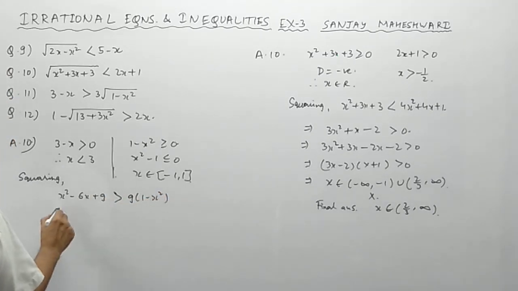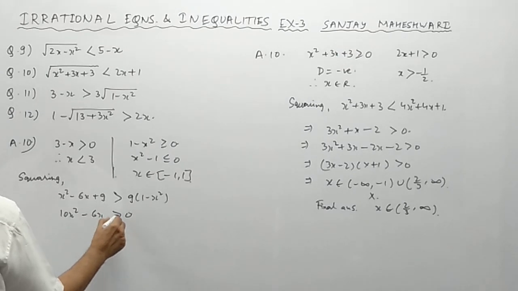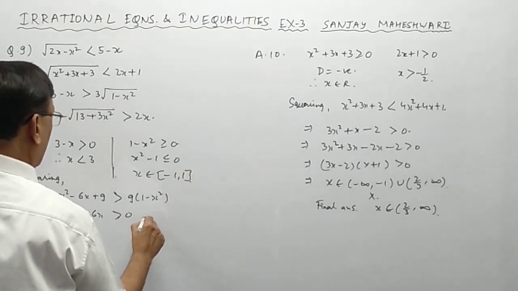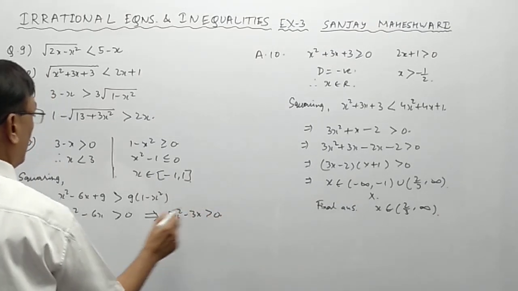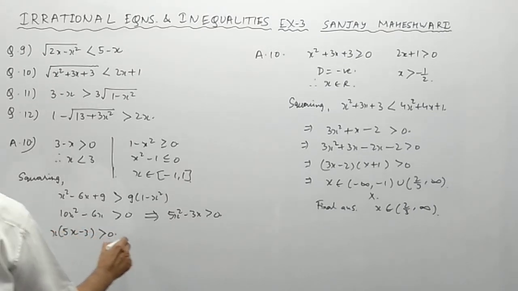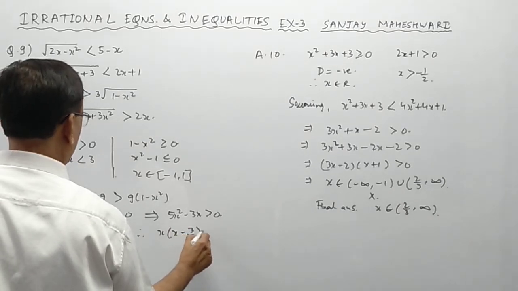So this gives us 10x square minus 6x greater than 0. That is 5x square minus 3x greater than 0. So we get 5x minus 3 into x greater than 0.